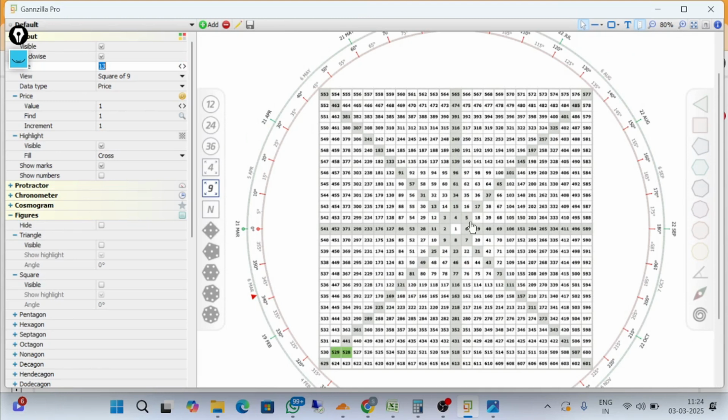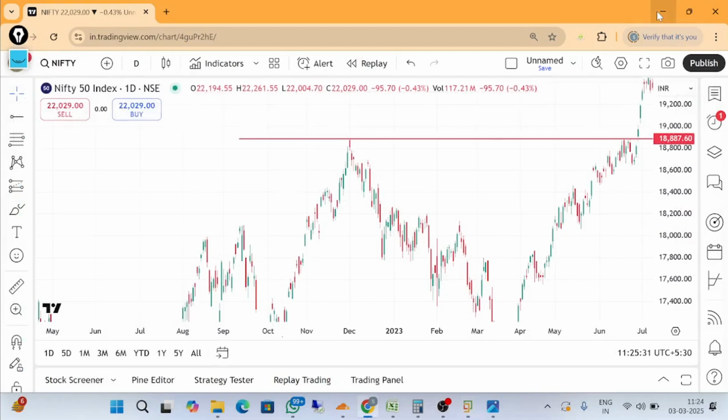For small numbers, up to 625, you can easily make an angle here. Let's suppose you have the number 329, you can easily find the 45 degree, and after finding it you can put on the vectors, which I'll tell you later, like how to use the vectors and all. So now we have 18887.60.